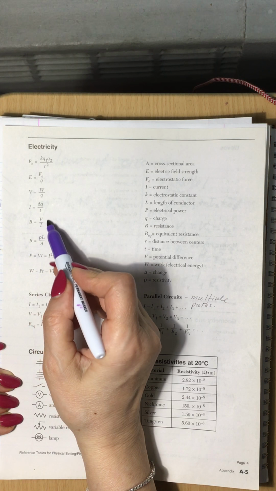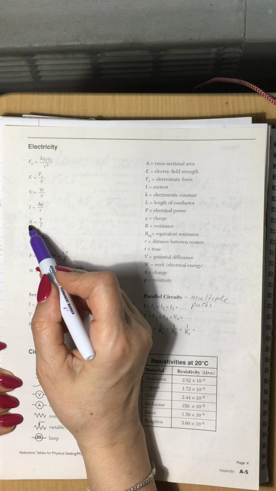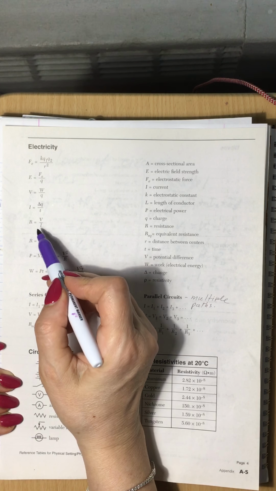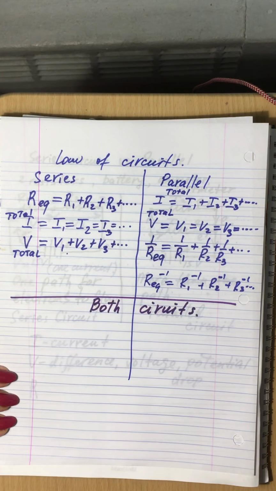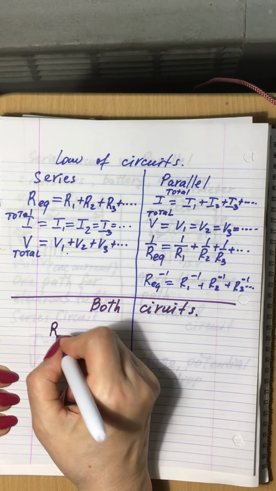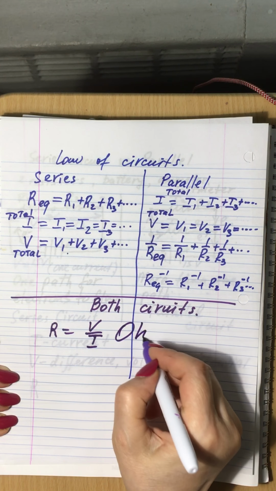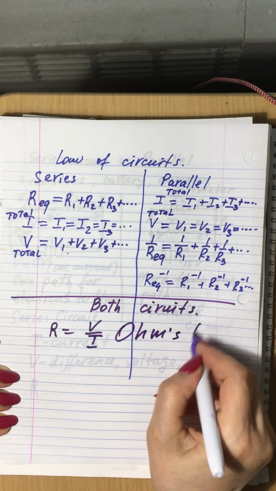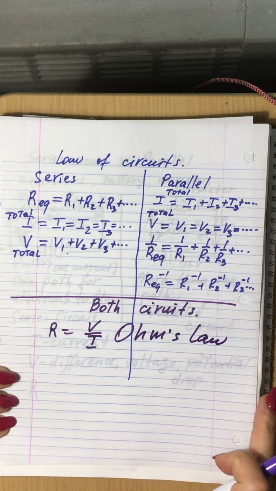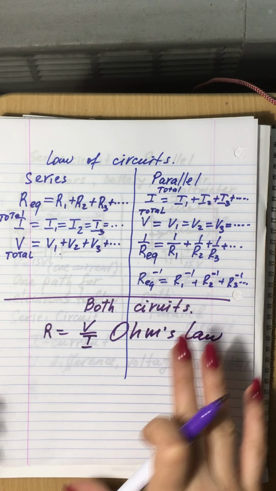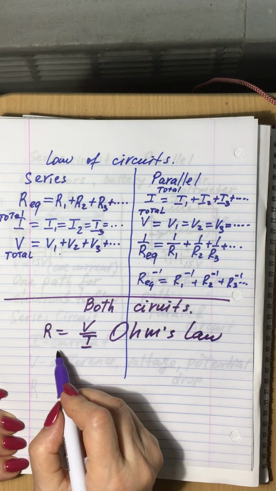That's the Ohm's law in your reference table. Resistance equals potential difference over current, okay, V over I. That's Ohm's law. We discussed that, we did the questions, you watched the video before on Ohm's law.